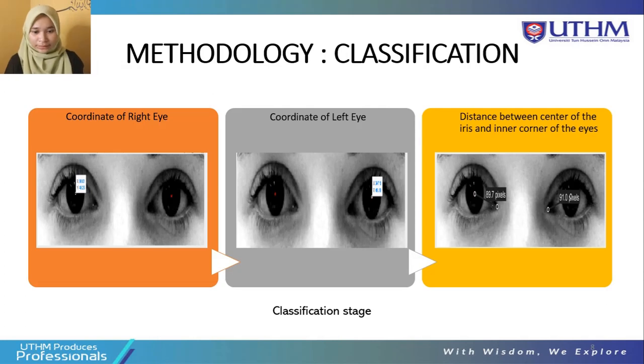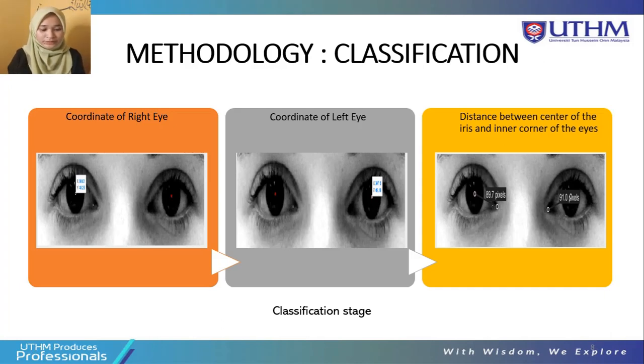Next, after the iris has been extracted, we use the regional descriptor to locate the coordinates of the iris. The regional descriptor will detect the center of the iris and give the coordinates of the iris. This is the result of the coordinates for the left eye and the right eye. For the misalignment measurement, we use a line ROI to get the information, and the user needs to manually create the line ROI from the center of the iris to the inner corner of the eye.